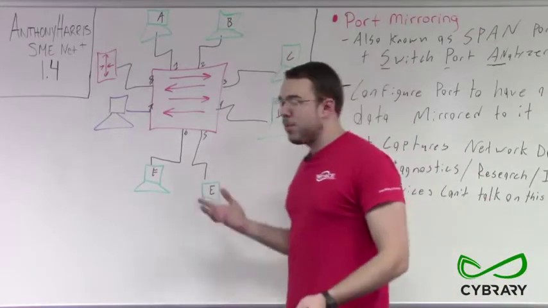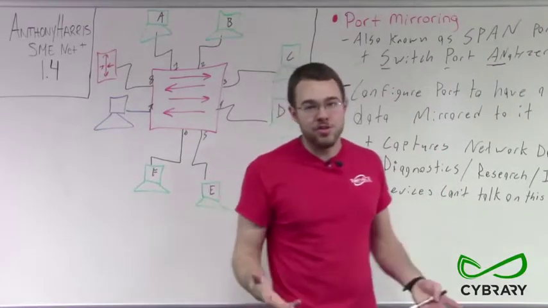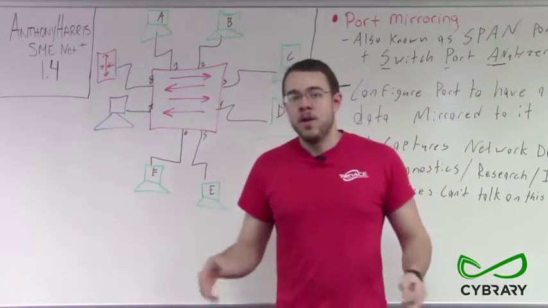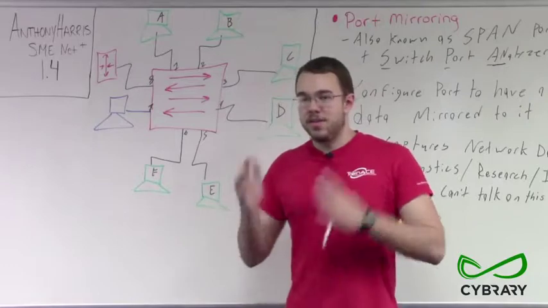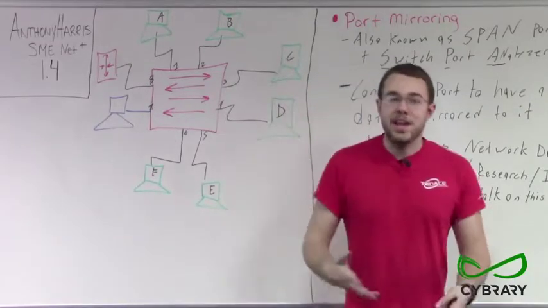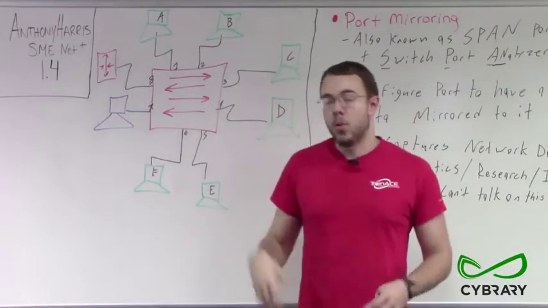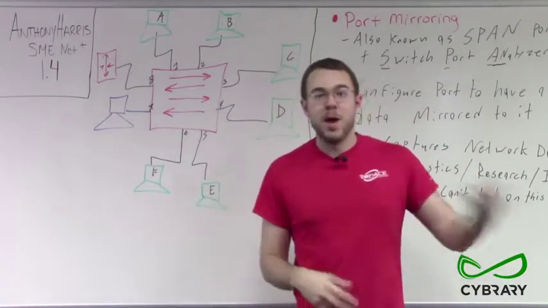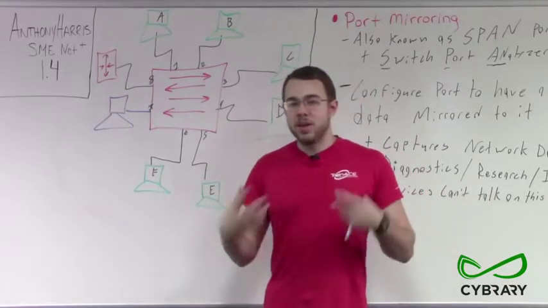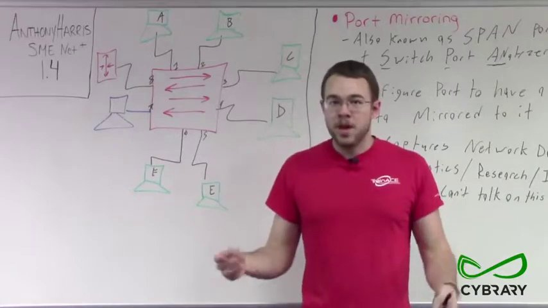So this puts us at a disadvantage if we're trying to do diagnostics on our network. If for some reason we need to capture the data that's going across our network and view it and analyze it, we can't do that on a switch like we can on a hub or on a bridge or on a router, because the data is only going to go to the ports that it needs to go to.